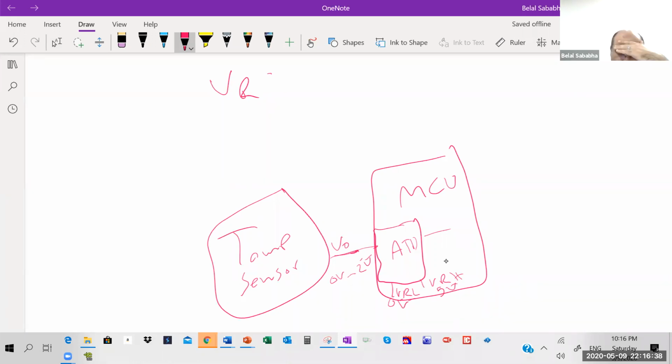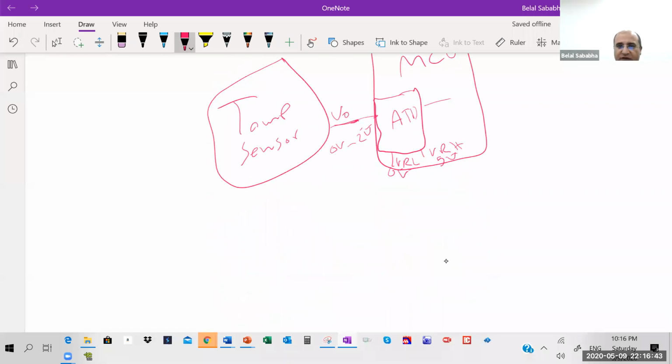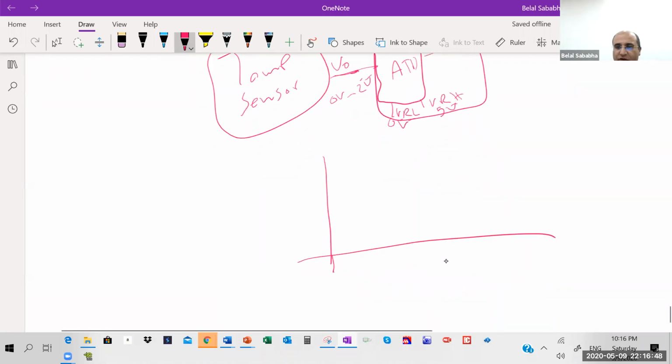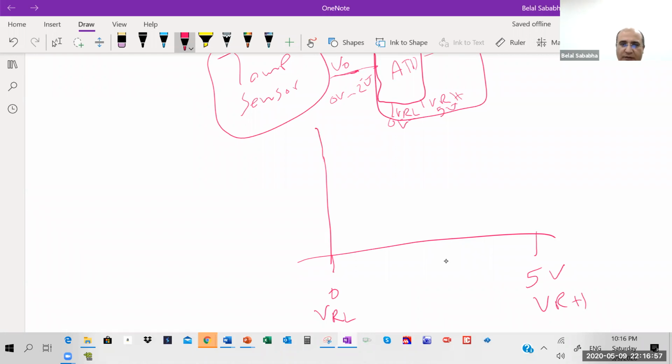You know what this means? This means if I have a voltage coming from a sensor into an A to D that covers from 0 to 5 volts, يعني voltage reference low, voltage reference high, this A to D is capable of converting the voltage between a number of 0 to 1023 إذا كان 10 bit A to D. بس أنت what's happening here?